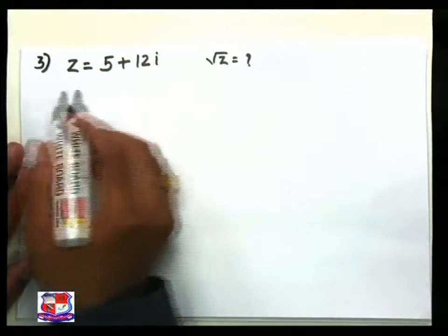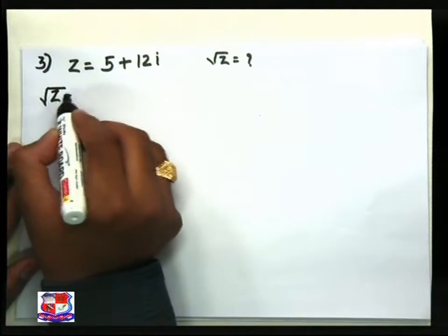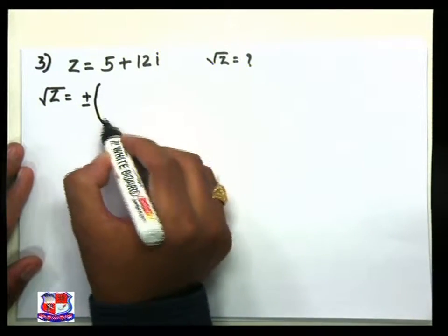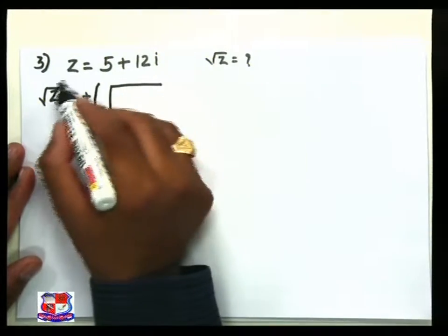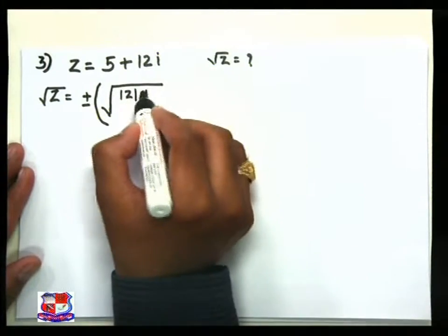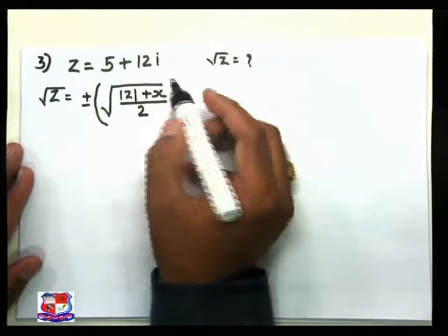Again write down the equation. So under root of z is equal to plus or minus under root of mod z plus x, divided by 2.